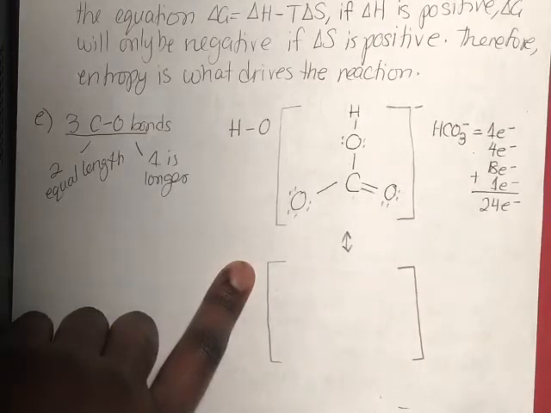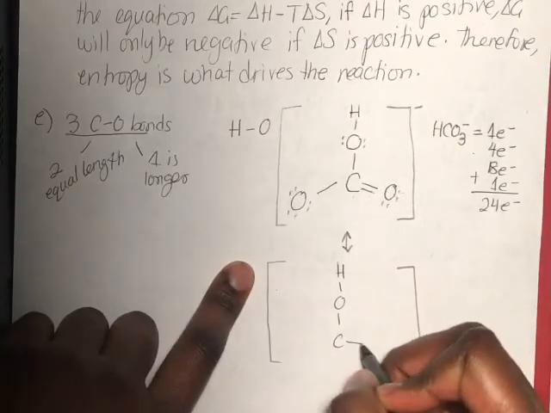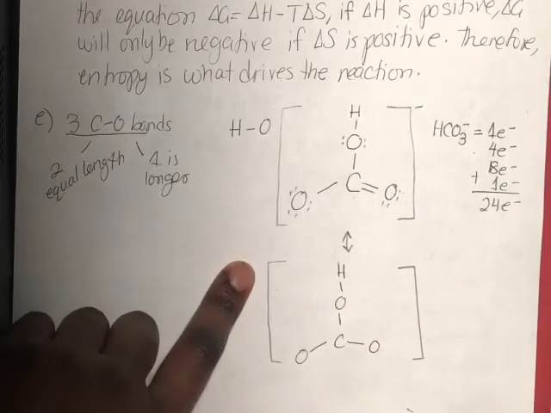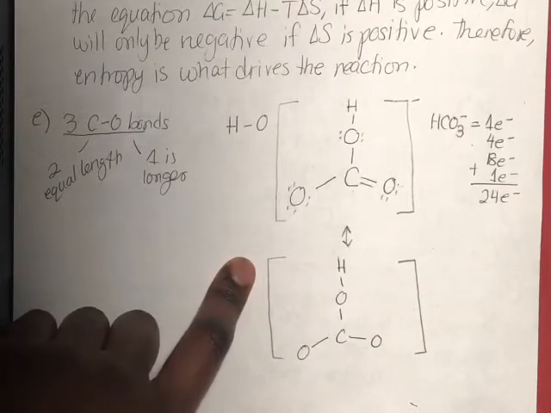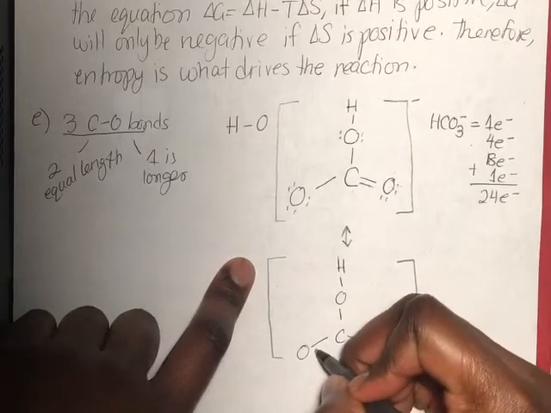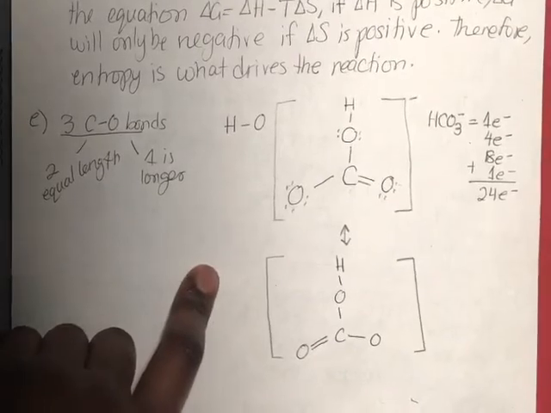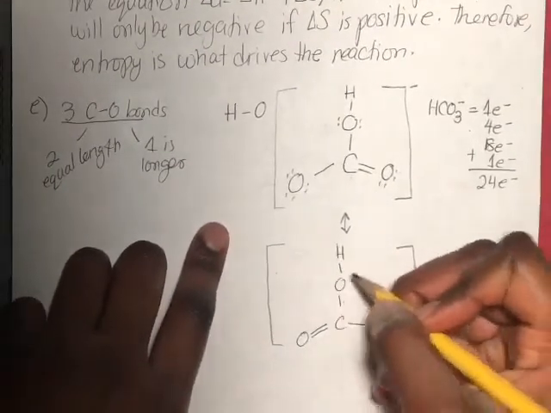So H to O to C to O to O. To O. And then we have our electrons.